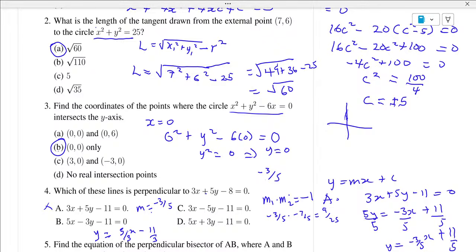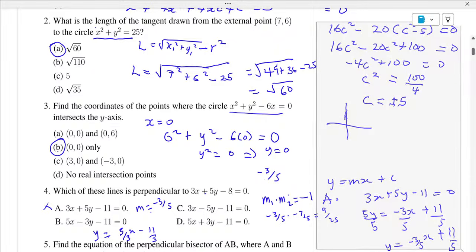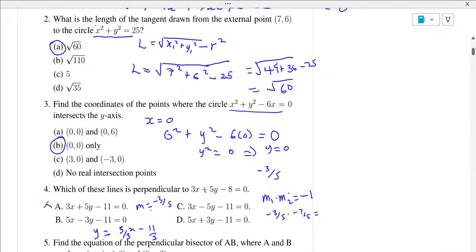So this is what we have. So the gradient is 5 on 3. So we have 5 on 3 multiplying 3 on 5, and that'll give us -1. So we all agree that whatever be the case, we are going to have -1. So our answer is B.